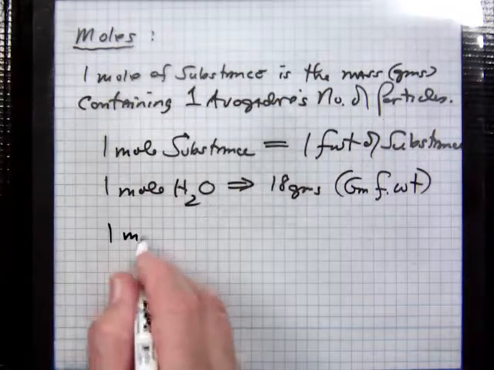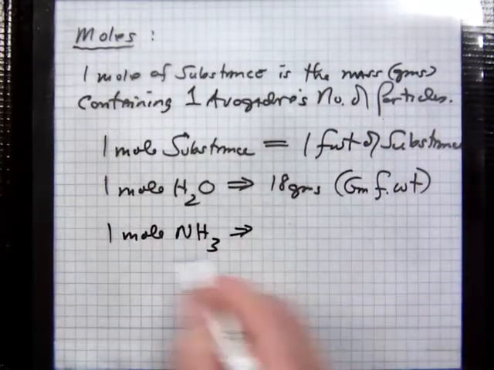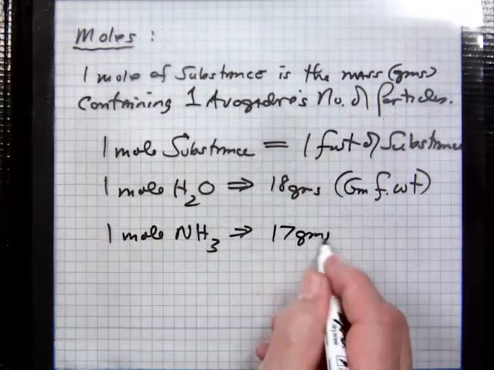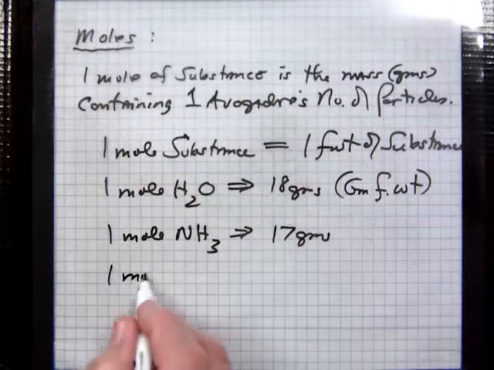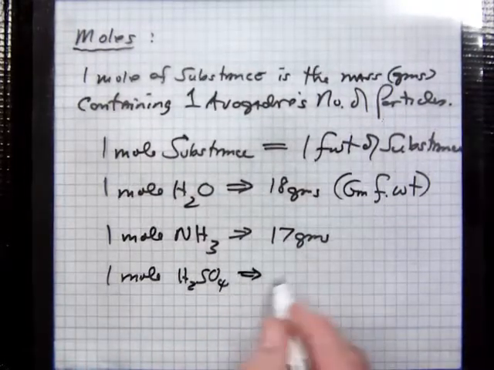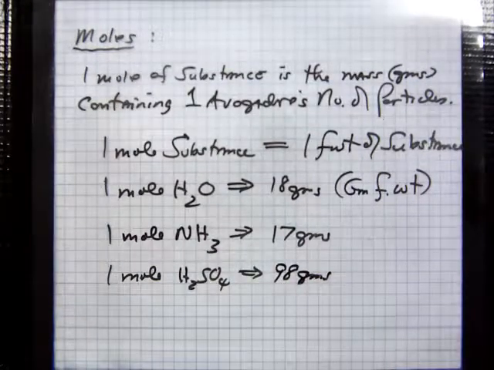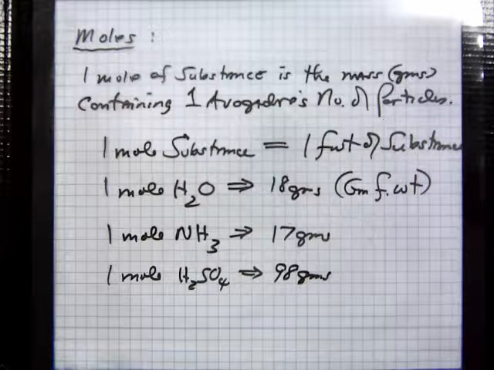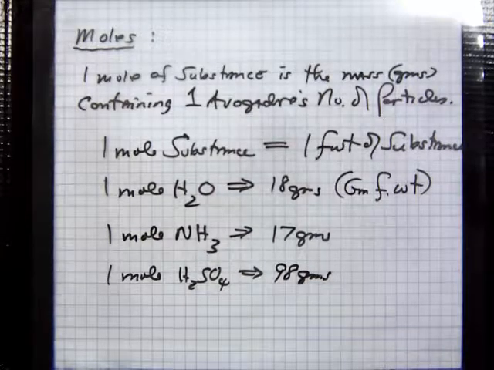One mole of ammonia, 17 grams, gram formula weight. One mole of H2SO4 is 98 grams. You can add it up. Just the formula weight. It's the mass that contains one Avogadro's number.